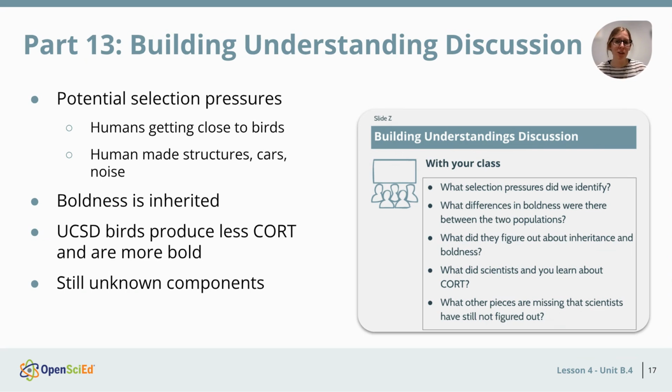So there's that negative relationship again, and that there's still unknown components about what is happening at the genetic level that is changing between the birds. We know cort level is changing, which means something must be happening genetically too.